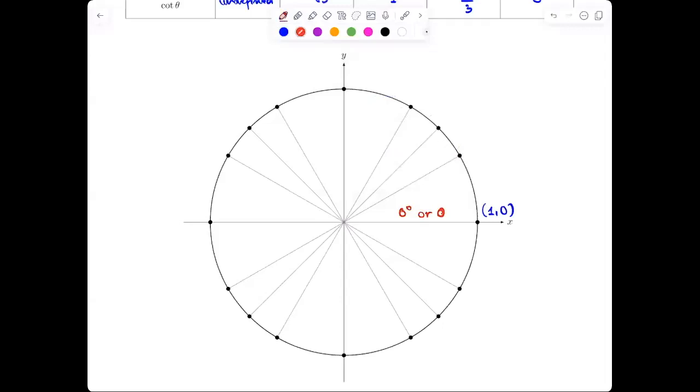The next angle should be 30 degrees or pi over 6. The next one is 45 degrees or pi over 4. The next one is 60 degrees or pi over 3. And the last one is 90 degrees or pi over 2.